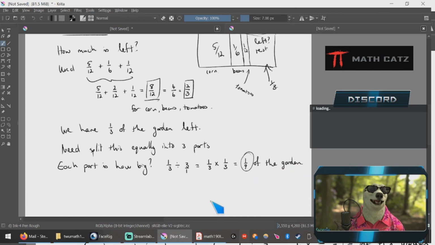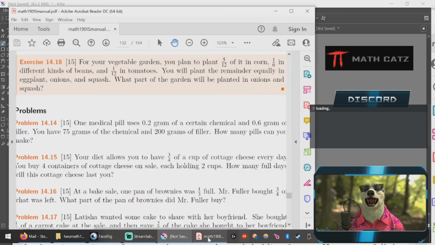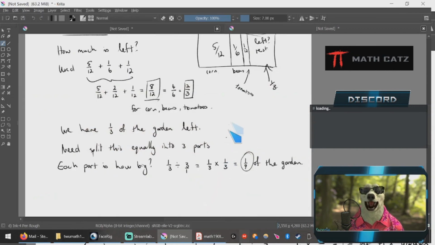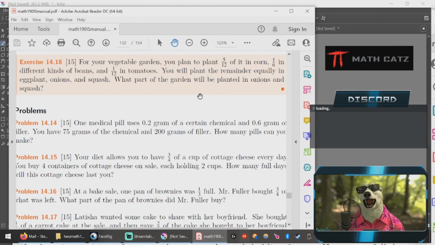Put a circle around that. So 1/9 of the garden will go to eggplant, 1/9 of the garden will go to onions, 1/9 of the garden will go to squash, and they will all make up the rest, the leftover, the third of the garden. Then they ask the question, how much will be planted in onions and squash?